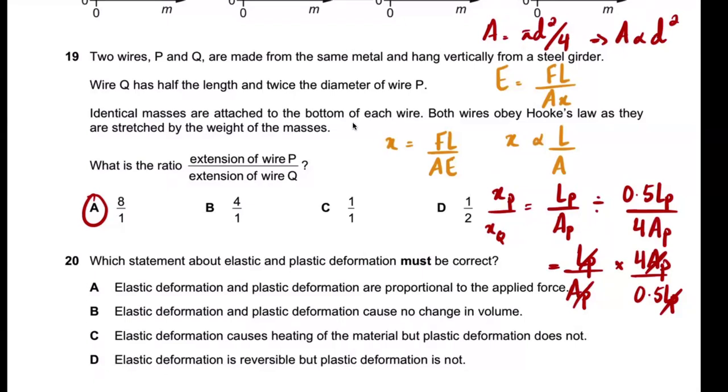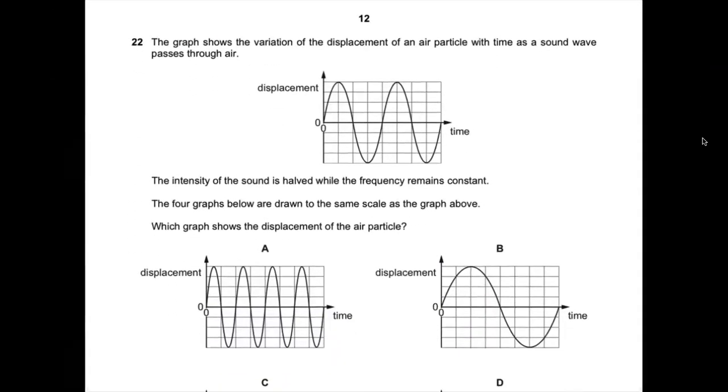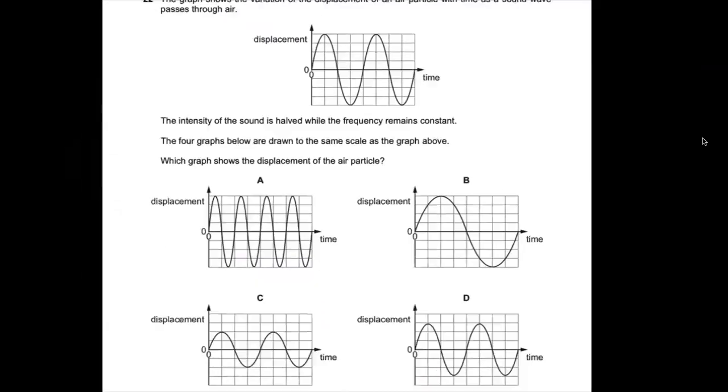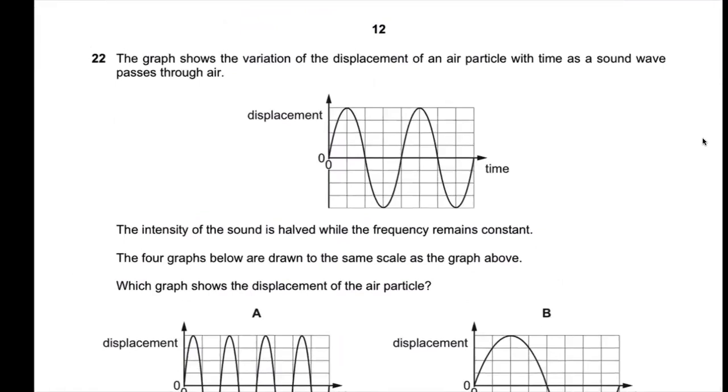All right, let's go on. It's not really hard. Let's have a look at this one. The graph shows the variation of the displacement of an air particle with time as a sound wave passes through air. Intensity of the sound is halved, frequency remains constant.